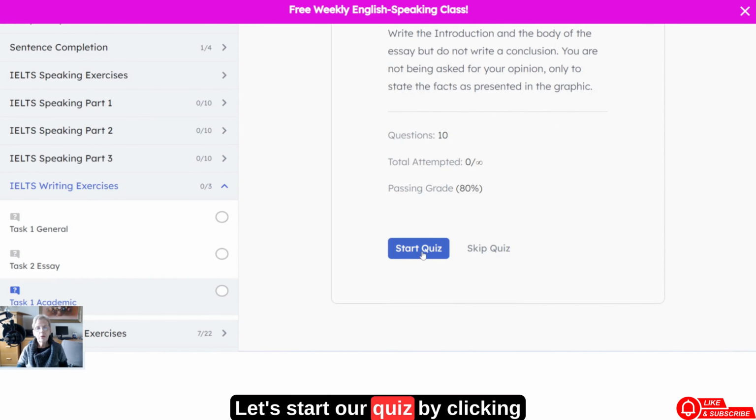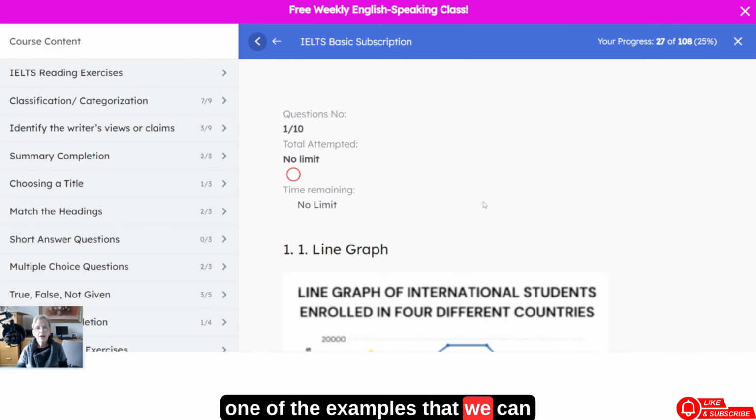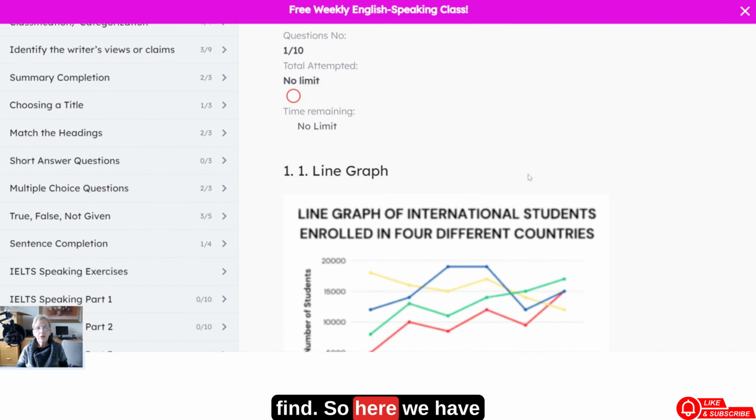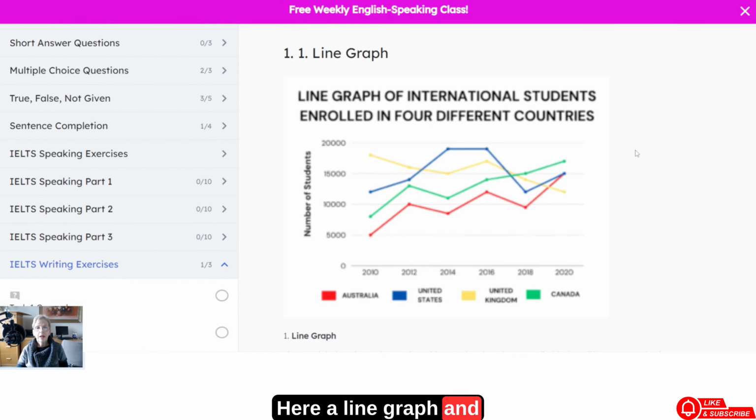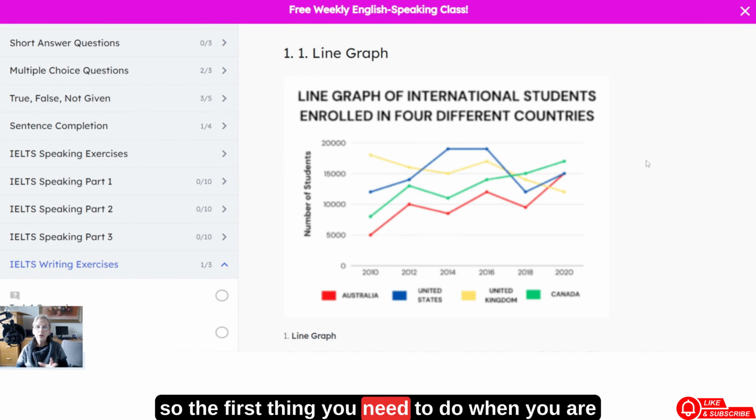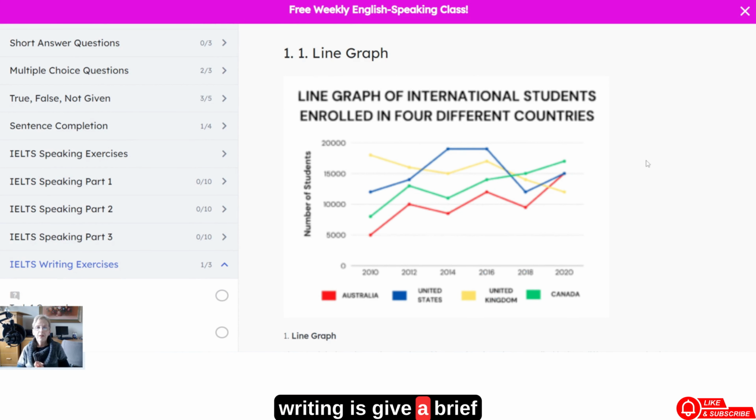Let's start our quiz by clicking on Start Quiz and see one of the examples that we can find. So here we have a line graph. And so the first thing you need to do when you're looking at your graph and when you start writing is give a brief introduction of what you see overall in this graph.